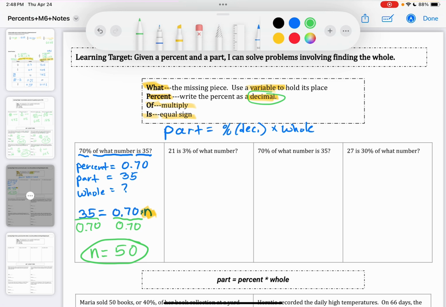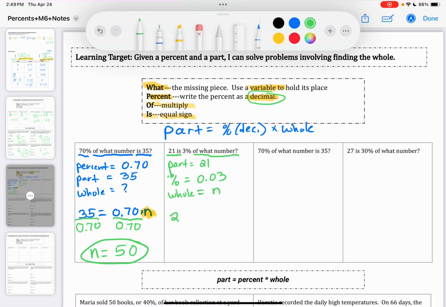The second one says 21 is 3% of what number? So again, I'm missing the whole. I know that my part is 21. My percent is 3%, so that's 0.03. And my whole is what I'm missing. So I'm going to use my formula.